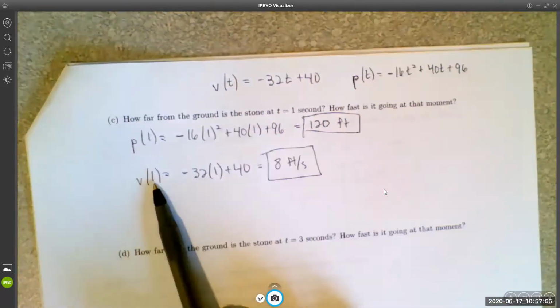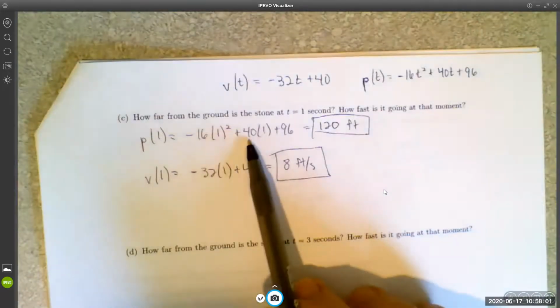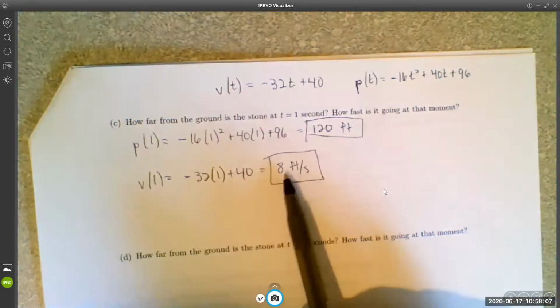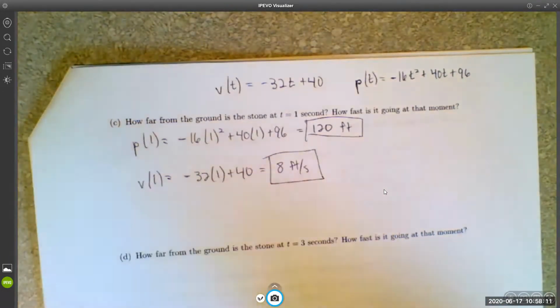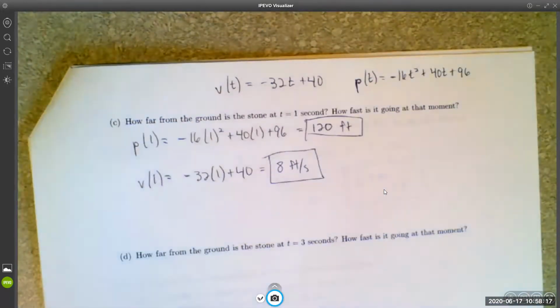You can tell that it's slowed down quite a bit after just 1 second, because remember, its initial velocity was 40 feet per second. So it was initially launched at 40 feet per second, but after 1 second, it's already slowed down to 8 feet per second, right? So there you go, an application of the derivative, right? You can figure out exactly how fast the thing is moving at any particular point in time.